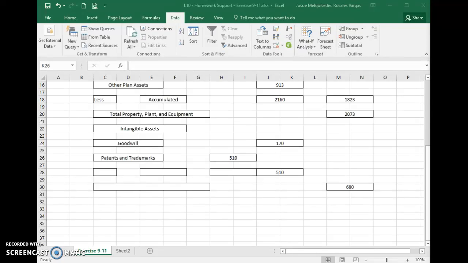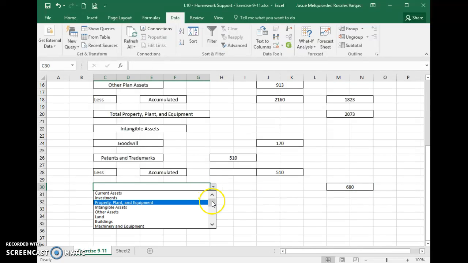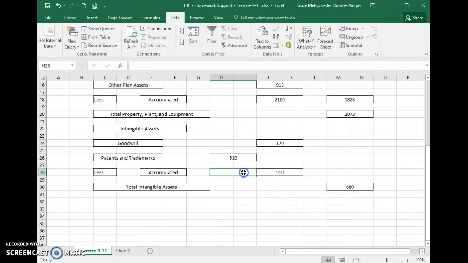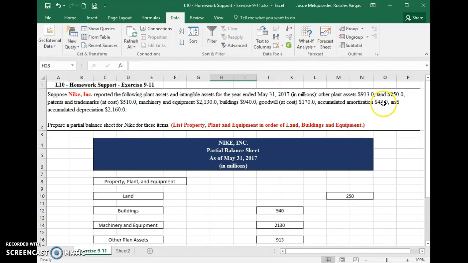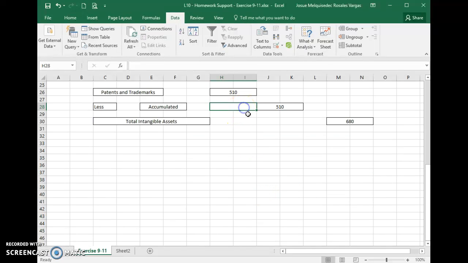Companies use amortization of intangibles in this specific account. So we will look for amortization. We have it right here, which is going to decrease the total that we already had for total intangible assets. So we will put right here $43 million.